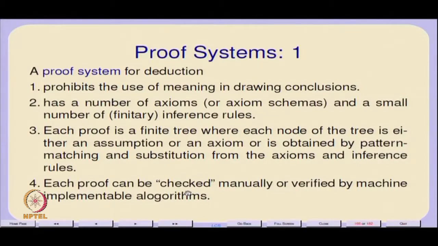So, even if my machines are not intelligent enough to come out with new theorems and new proofs, at least the proofs that I specify should be mechanically decidable by a machine as to whether they are correct or not, whether there is circularity or not, whether it is consistent or not, right.